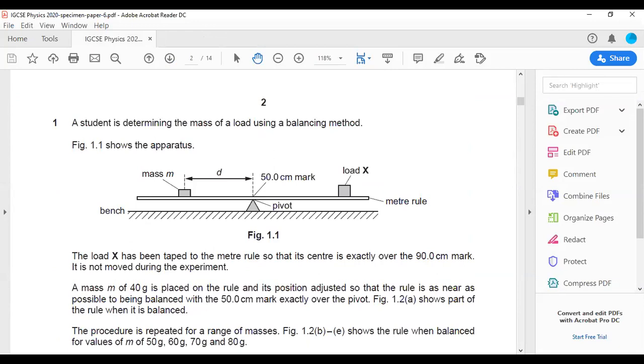So the question here says, in the specimen paper, I think I had posted it on your WhatsApp group chat. I could add it here as well, just in case.